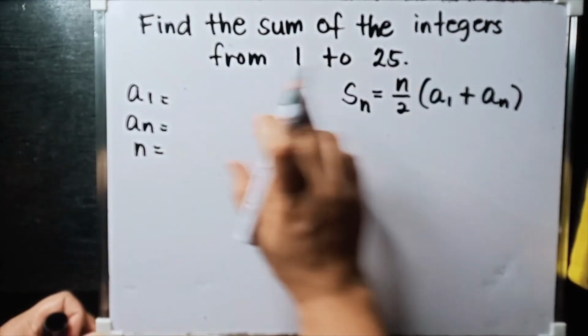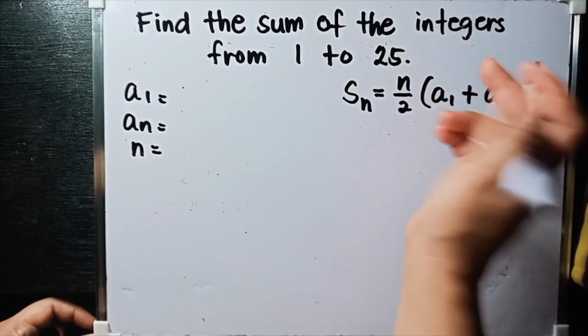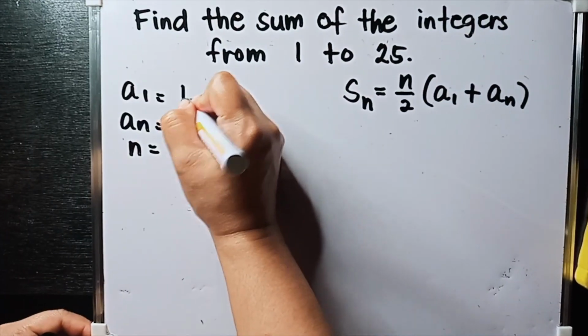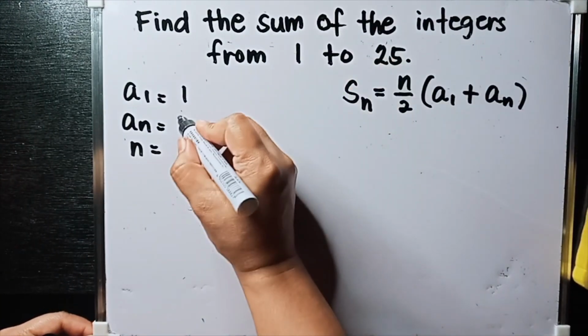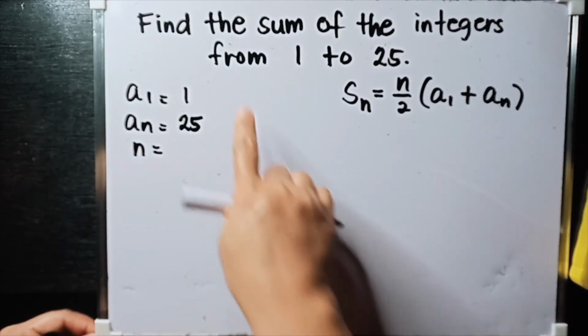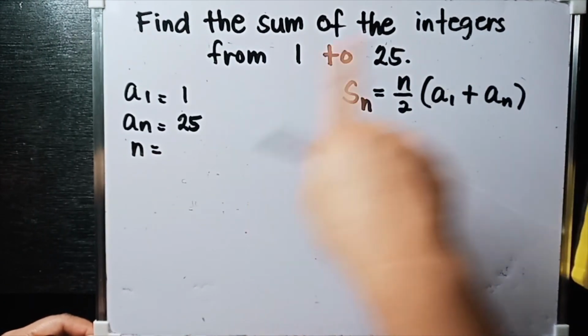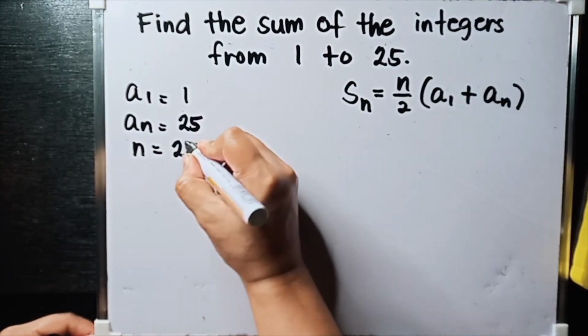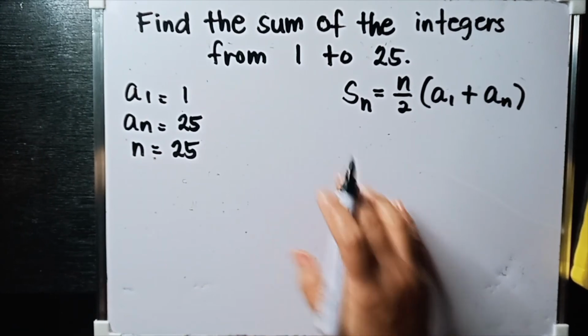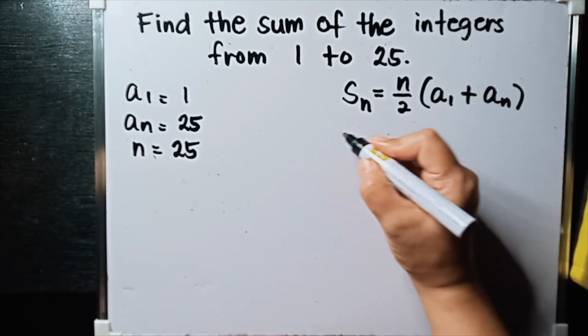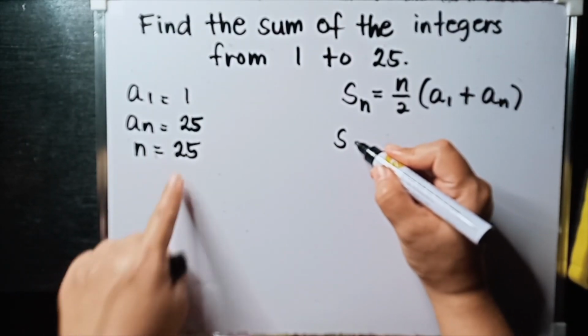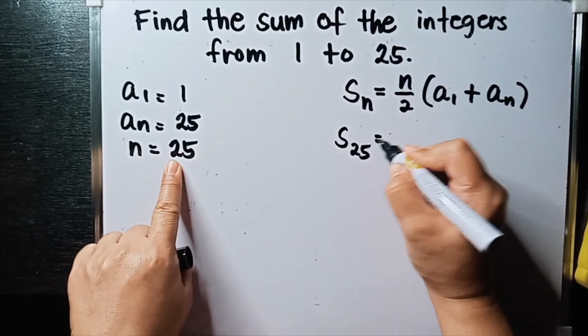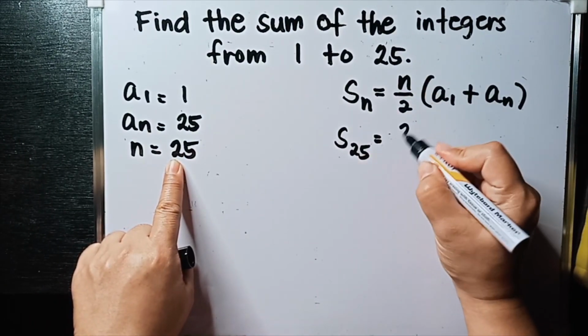So, the first term would be, of course, from 1 to 25. It means the first term is 1, and the last term is 25. Since the number of terms is 1 to 25, it means n is also 25. Substitute na natin dito. So, we have S sub 25 equals, our n is 25.